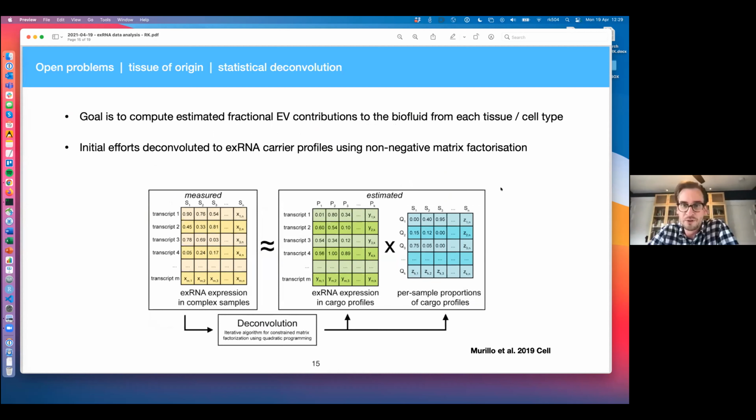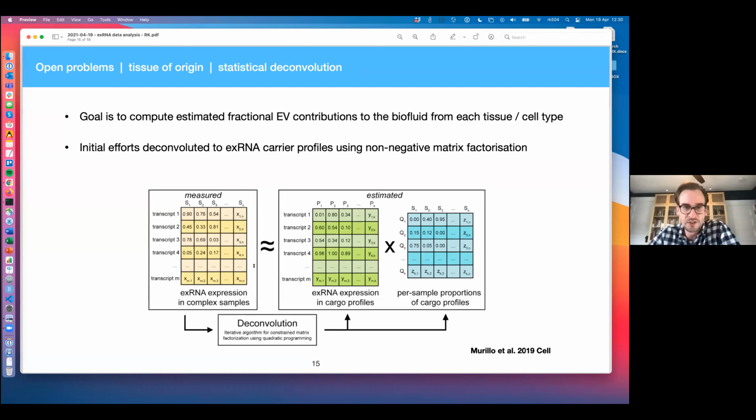Initial efforts in Alex Milosavljevic's group, as well as some work at Yale while I was there, and Joel is still doing this as well, tried to deconvolve the exRNA profiles using non-negative matrix factorization, basically factorization that doesn't allow negative contributions. You can't have tissues that soak up EVs. Everything has to be a one-way donation into the biofluid.